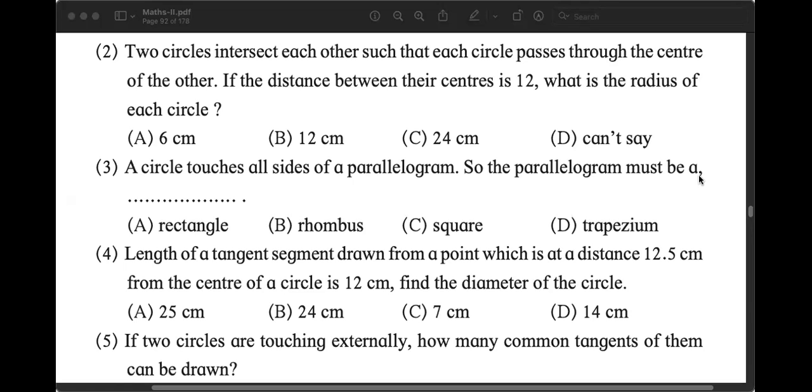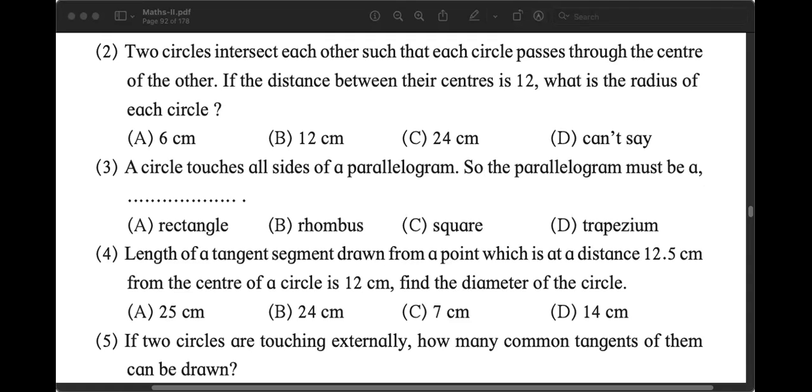If the distance between their centers is 12, what is the radius of each circle? Two circles intersect each other such that each circle passes through the center of the other. The circles are intersecting in such a way that circle A passes through the center of circle B, and circle B passes through the center of circle A.